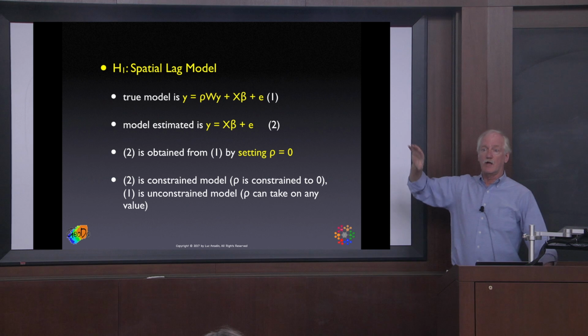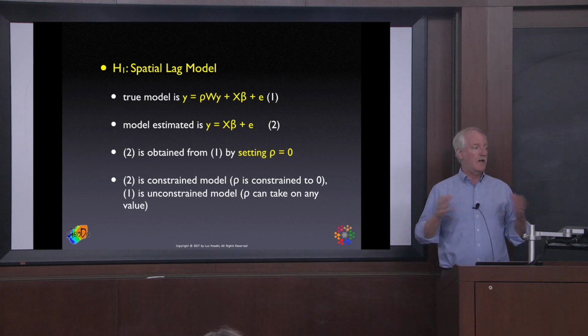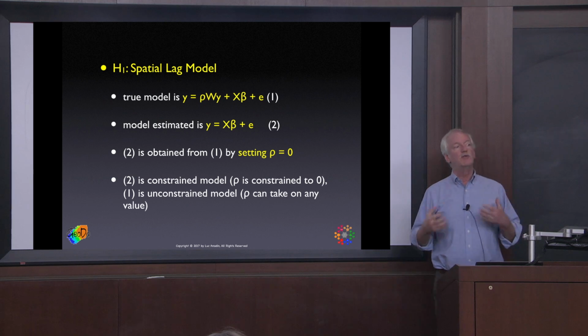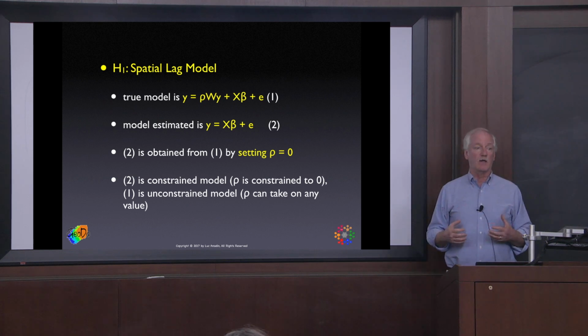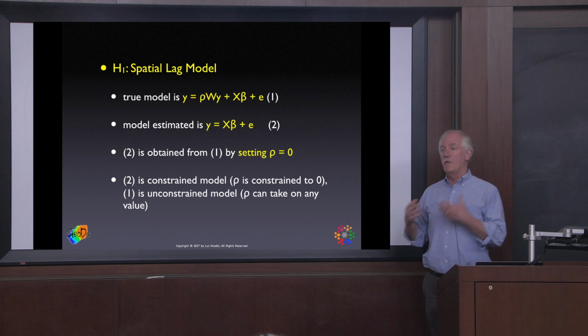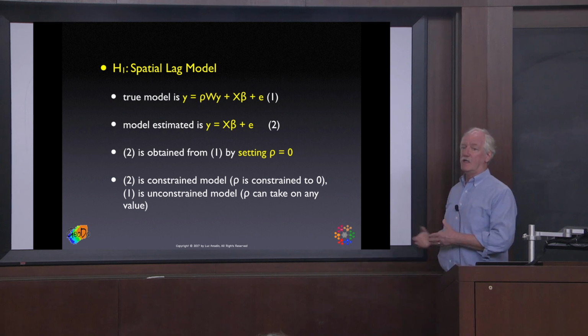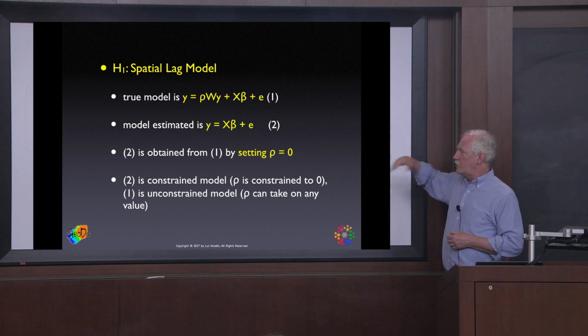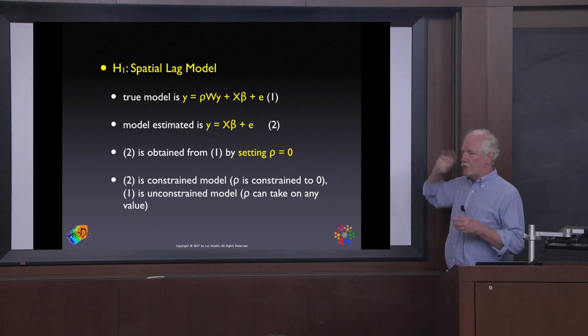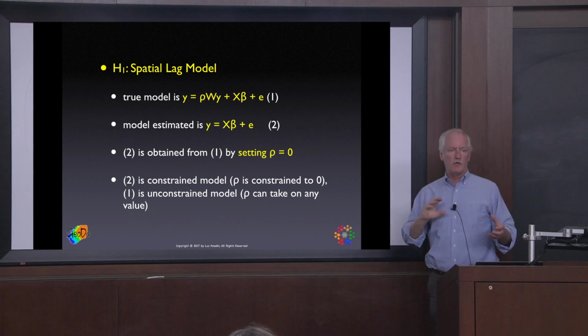So put yourself in a context, you do an analysis, you run a regression, standard ordinary least squares. How can you tell from the results of this ordinary least squares estimation that this is not the right model? That in fact you are omitting a spatially lagged dependent variable. So that's a challenge.